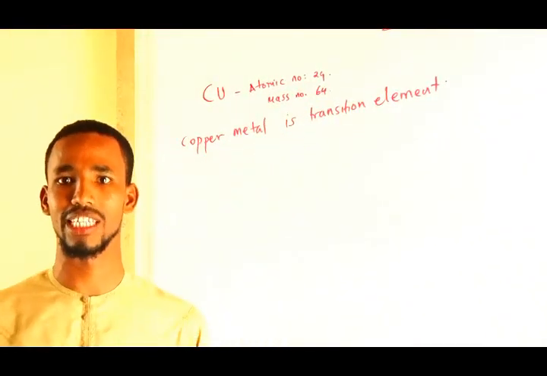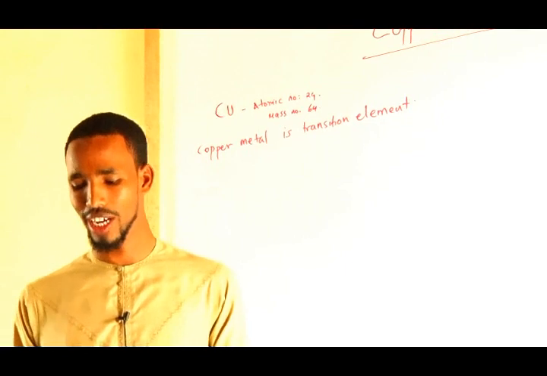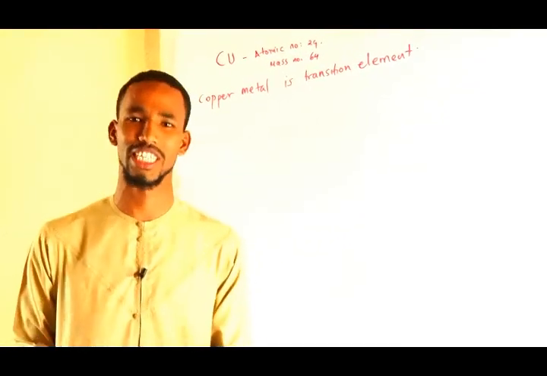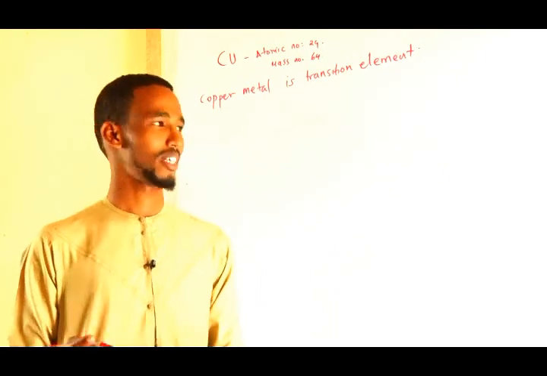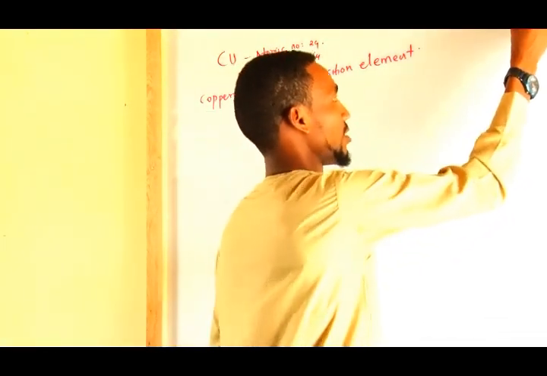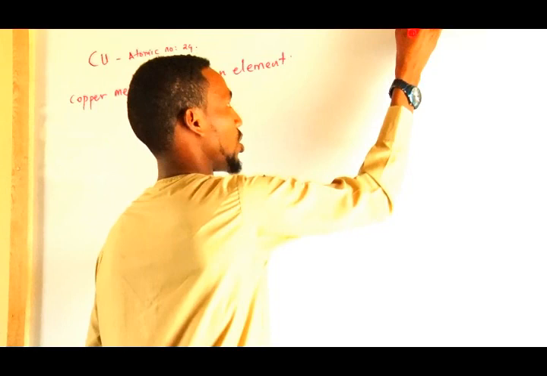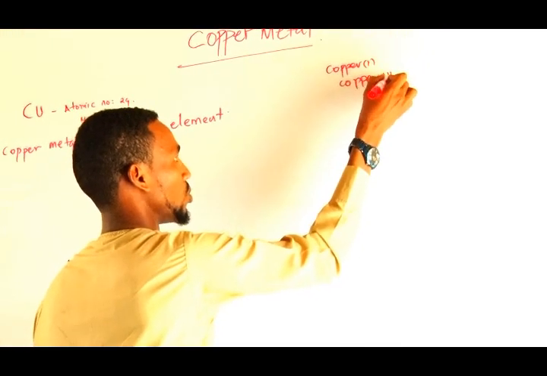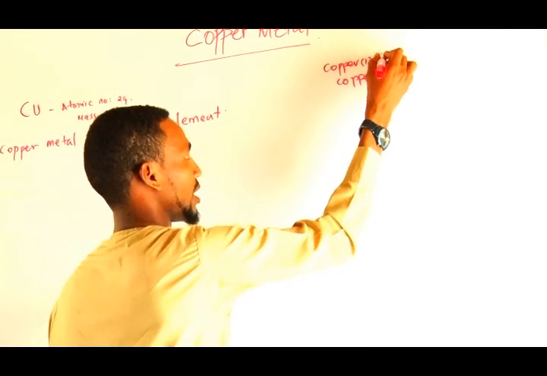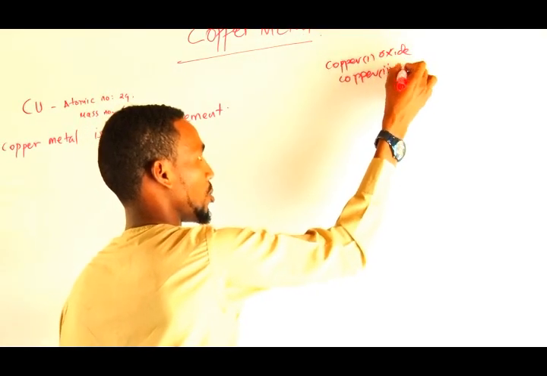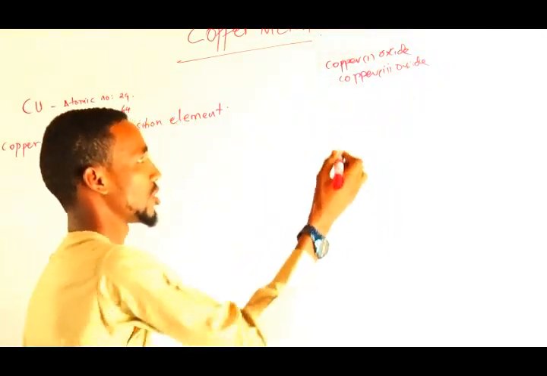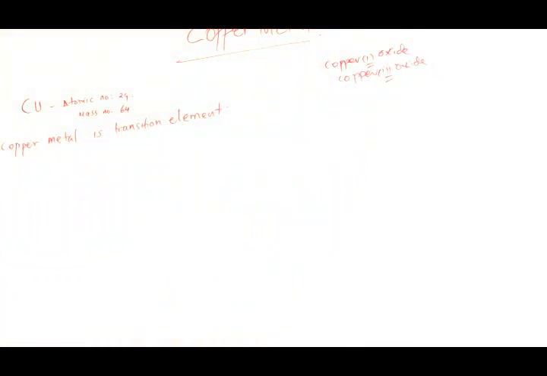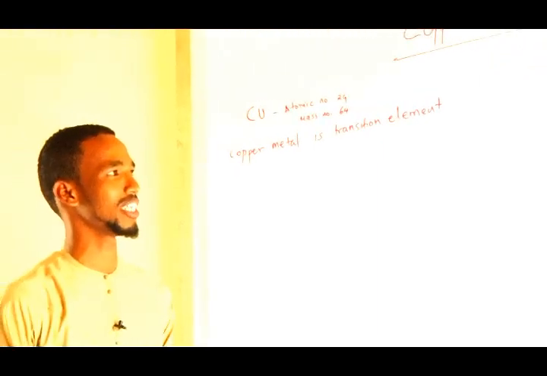What do we mean by transition element? Transition elements are those elements which have got several oxidation states. For instance, we can have copper 1 compound or copper 2, copper 1 oxide or copper 2 oxide. So it has several oxidation states.